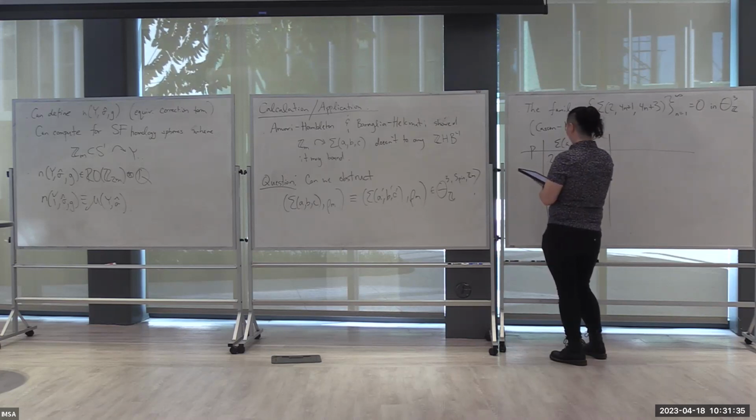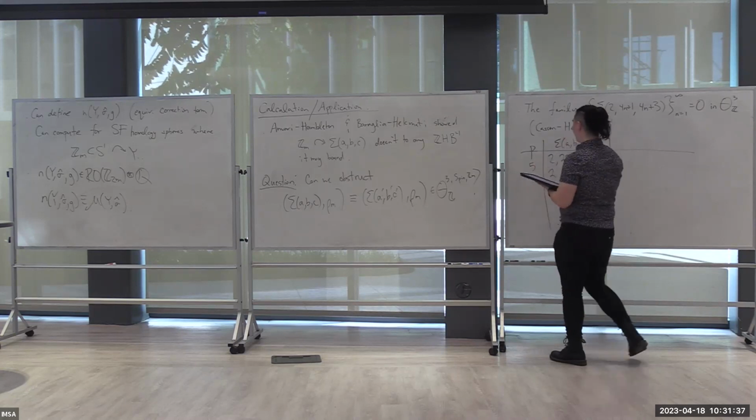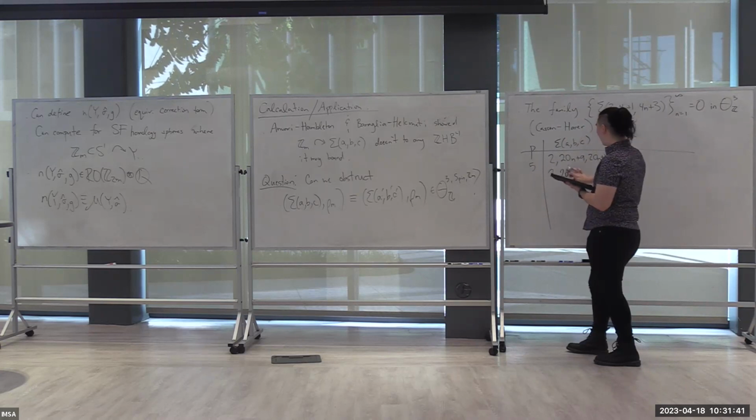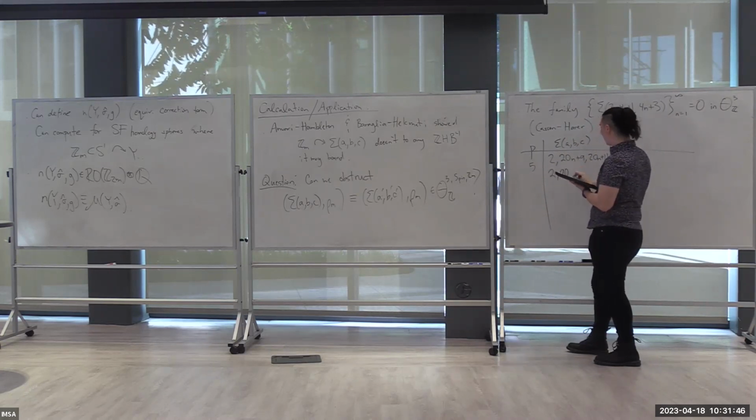So I'm going to look at the Z mod N action on this family. In the cases where the action is free, it turns out that there's a kind of high periodicity to this.